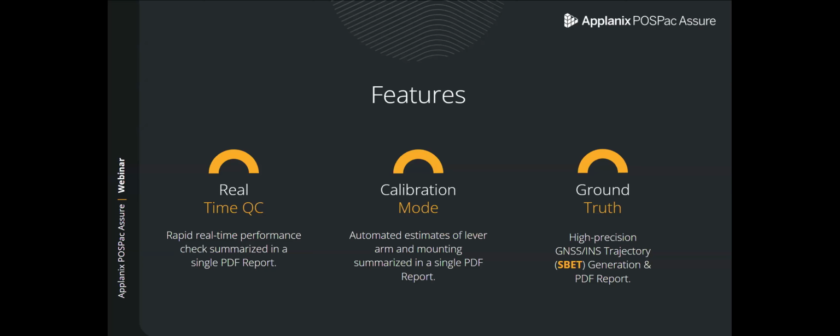The second feature, we call it calibration mode. That allows you to calibrate parameters of your components, such as the lever arms that we deal with. For instance, the lever arm to the GNSS antenna, or the lever arm to the DMI for the land applications, or the vector between two antennas, which we call GAMS, etc. So you can basically use POSPac Assure to calibrate your GNSS-INS integration.